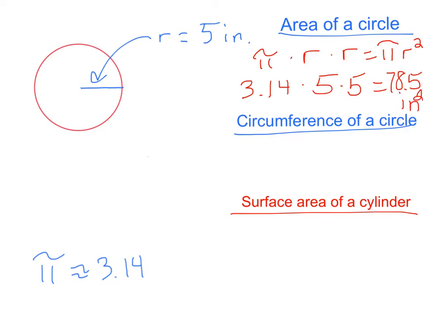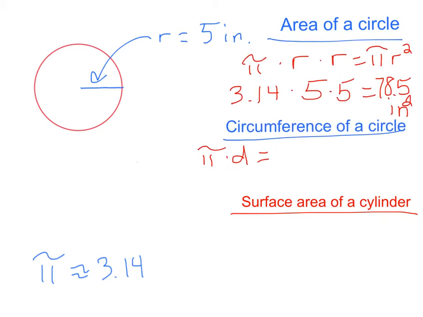Now, when we look at circumference, that is talking about the distance around the circle. So for circumference, that is pi times diameter, or that would be 2 times pi times radius.